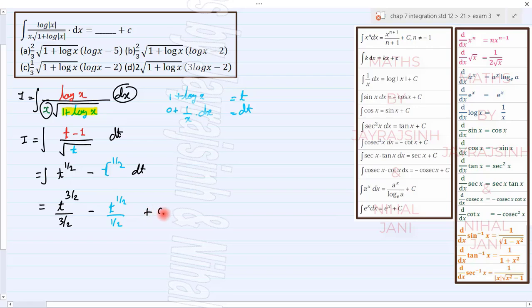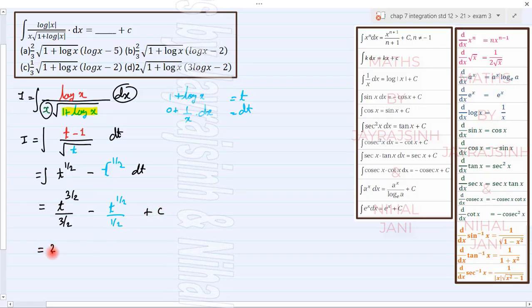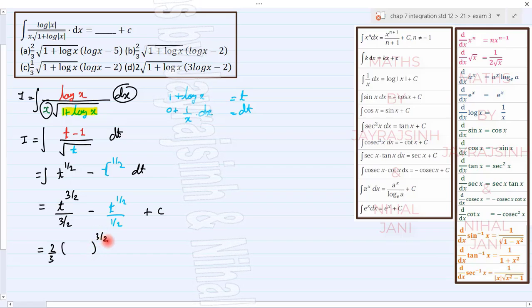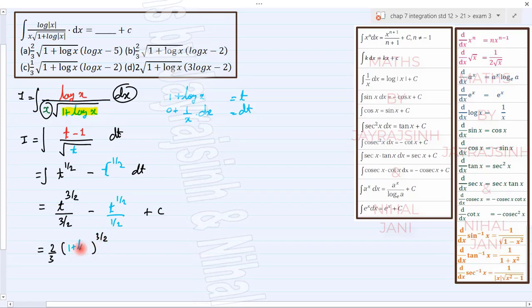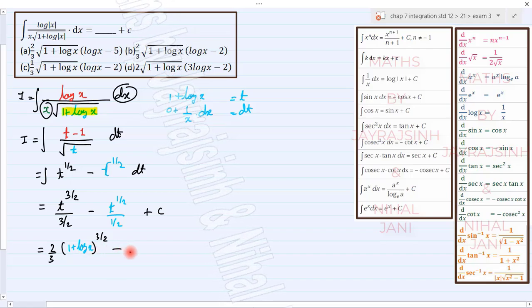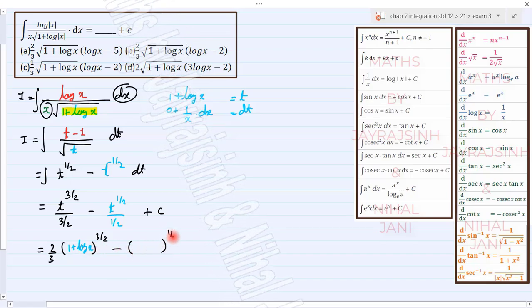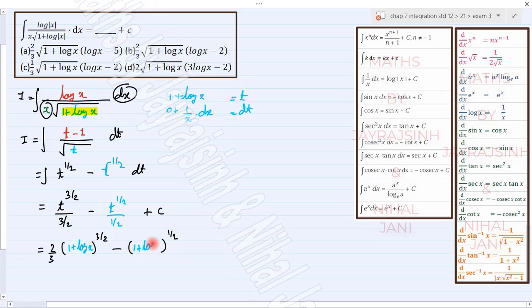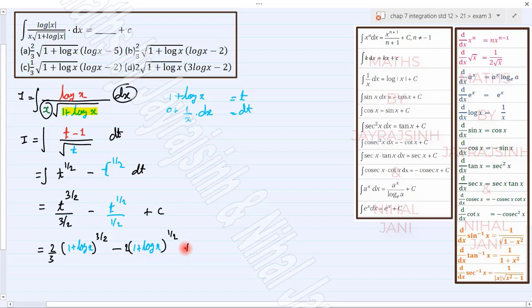Now in the first term, if we substitute the value of t, we will get (1 plus log x) whole raised to 3 by 2, minus, in the second term we have t raised to 1 by 2, or we can say (1 plus log x) raised to 1 by 2 into 2, plus c.